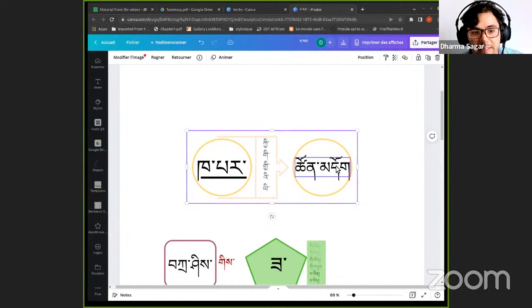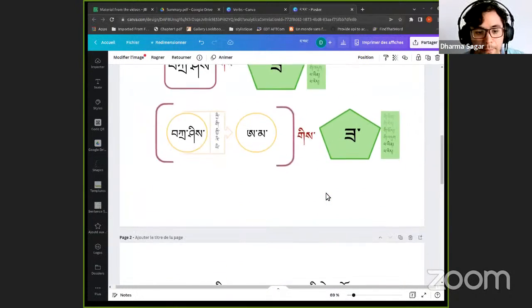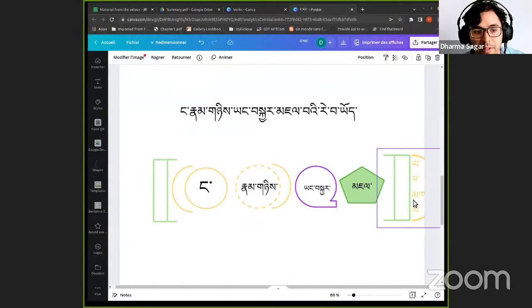And because of that, I need my component on the left side to be a nominal group. So the trick that Tibetan does in order to link a noun with a full sentence is to turn the whole sentence into a noun by using pa here.